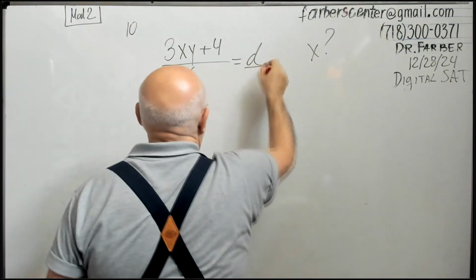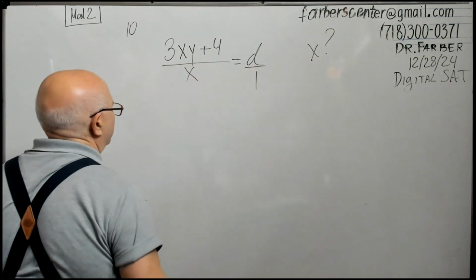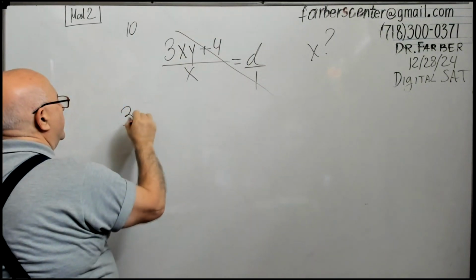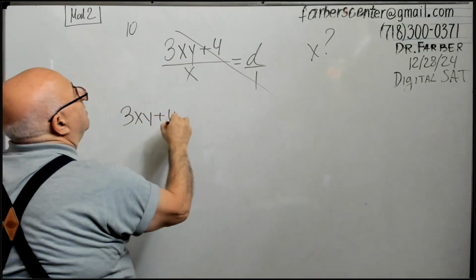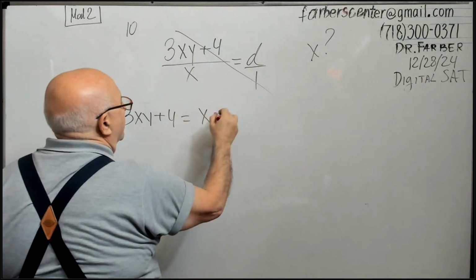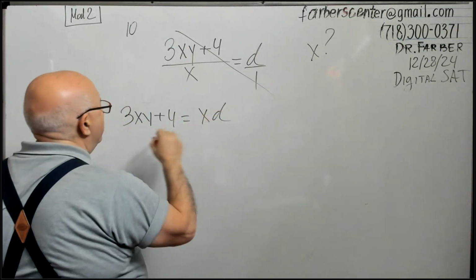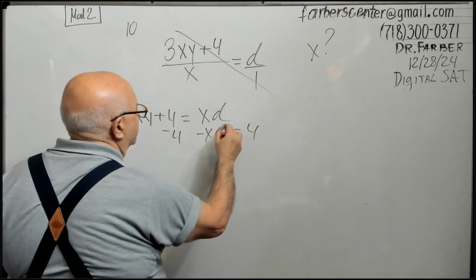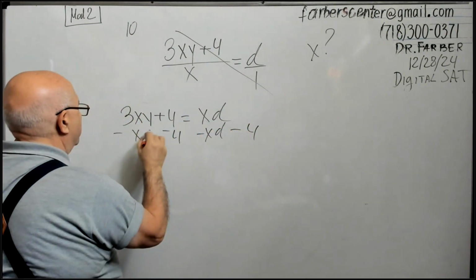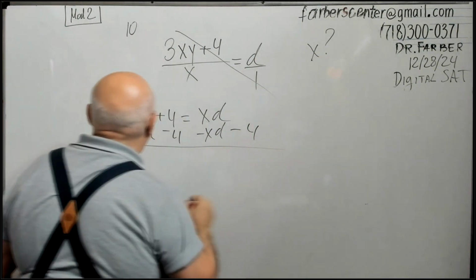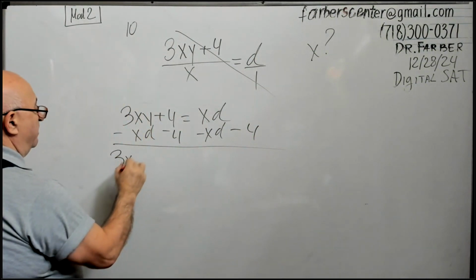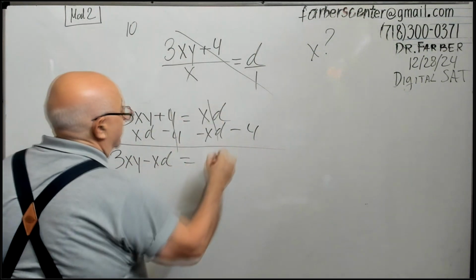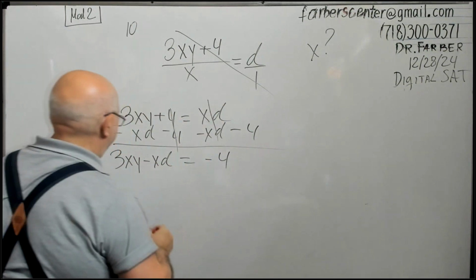Let's do this step by step. Cross multiply: 3xy plus 4 equals xd. Minus 4, minus 4, minus xd, minus xd. You have 3xy minus xd equals negative 4.